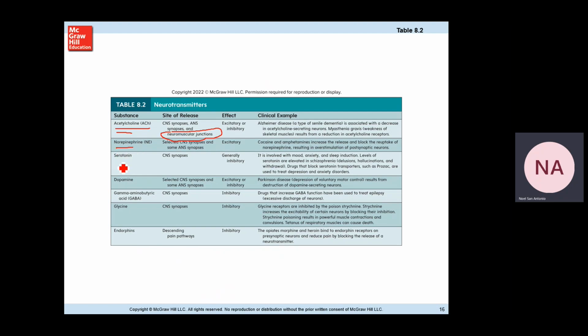You have norepinephrine, serotonin, dopamine, gamma-aminobutyric acid, glycine, and endorphins. Take note of the functions of these neurotransmitters, based on the clinical examples given in Table 8.2. I will leave it to you to read this table, this summary, and I will also include this in our final examination.